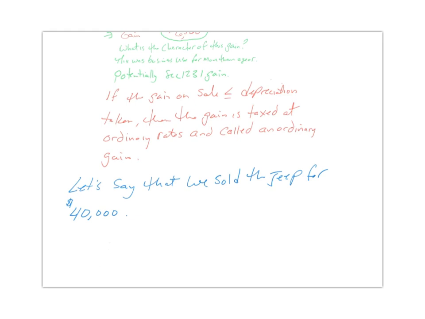All right, so now let's say by some magic twist of fate, we are able to sell this Jeep for $40,000. All right, so instead of our Jeep depreciating in value, for some reason it was a limited edition Jeep, and it held its value very well. In fact, it appreciated, and so we're selling the Jeep in 2019 for $40,000.